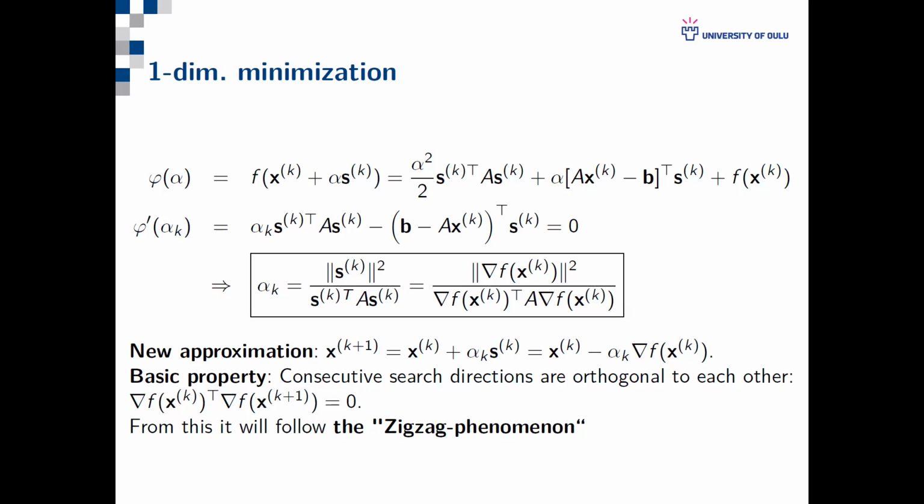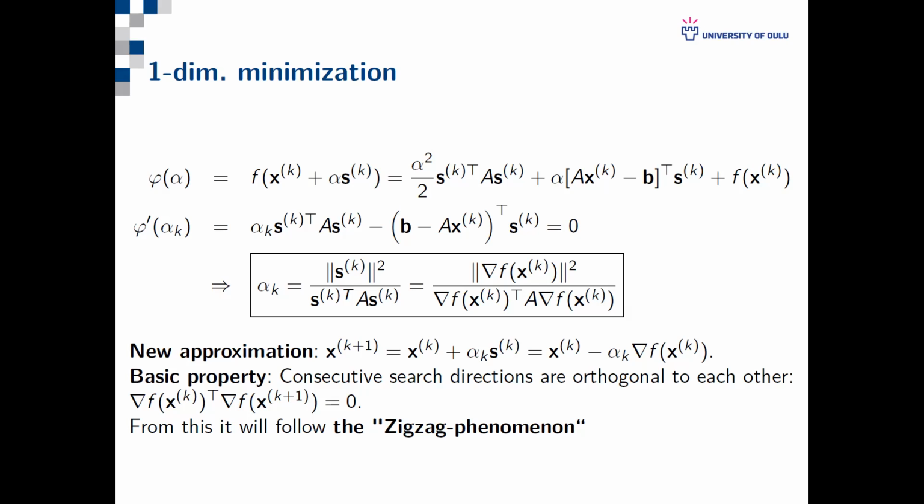Then you compute the derivative of the function phi with respect to alpha, and you try to find the step length alpha k in such a way that the derivative vanishes. So here comes the derivative of alpha squared is 2 times alpha, divided by 2.